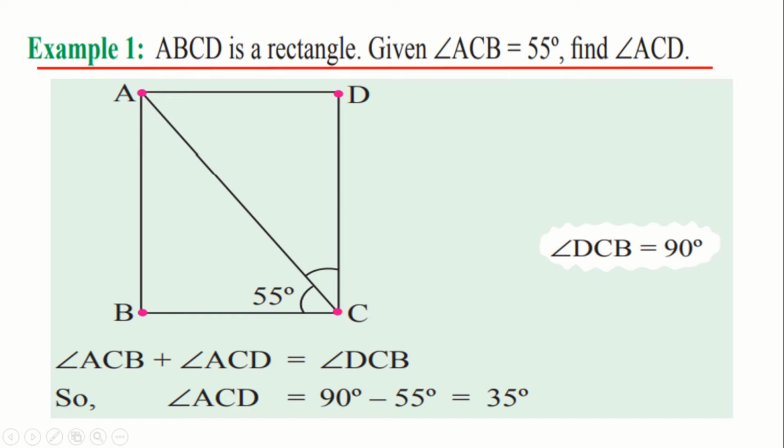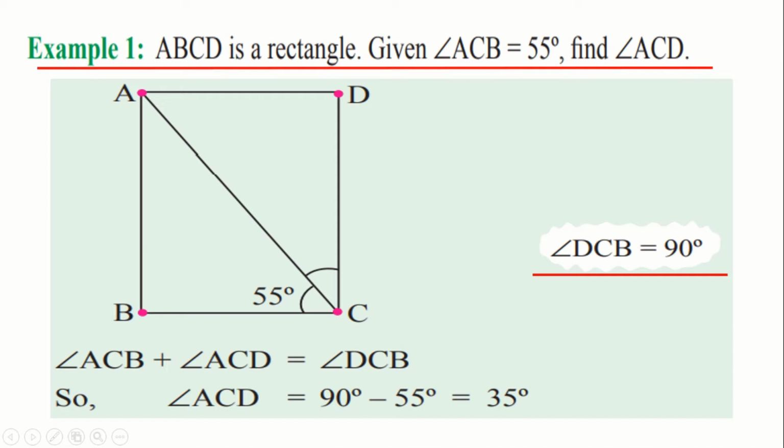We know that angle DCB is 90 degrees. All of this corner here, the angle is 90 degrees. This is a right angle. This is 90.